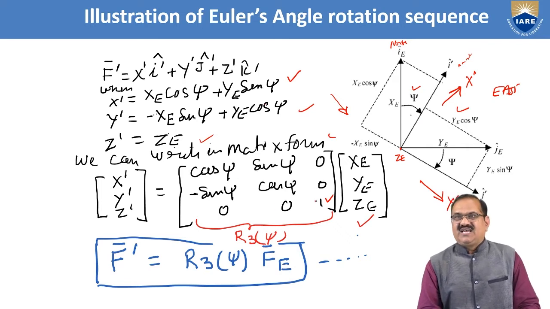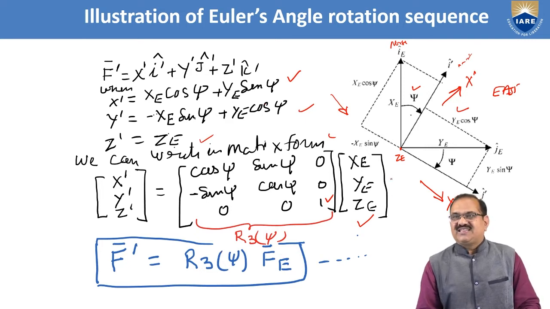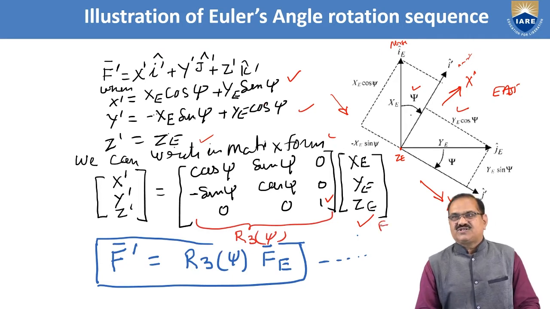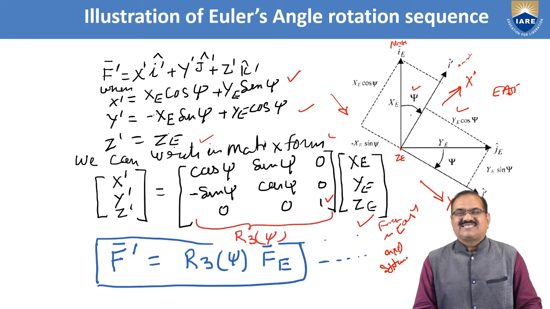This matrix we can write as R3 psi. So this new force F prime will be R3 psi into Fe, where Fe is the force in earth axis system. Okay, so here we got this equation for the first rotation of Euler's angle psi.